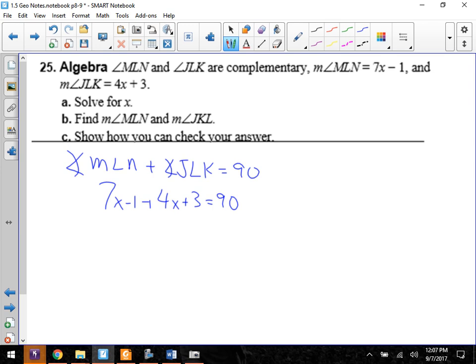Okay. So we get what? 11x plus 2. Subtract the 2. And not every answer is going to equal 8. And then just go back and forth. The reason why it says solve it or show how you can check your answer, well, once you get your two angles together, what should your two angles add up to equal? That's what it means, guys. If it doesn't, that means you should double check the work. Okay.